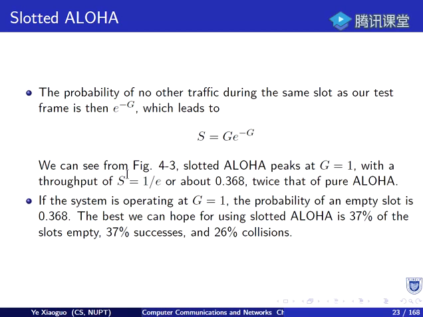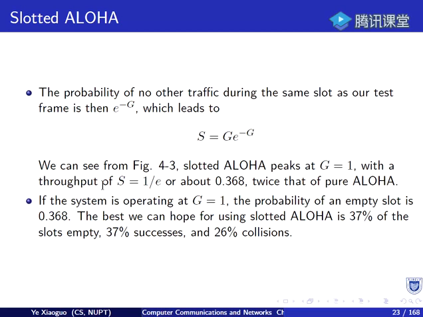The probability of no other traffic during the same slot as our test frame is then e to the power of minus G, which leads to this utilization S equals G times e to the minus G.